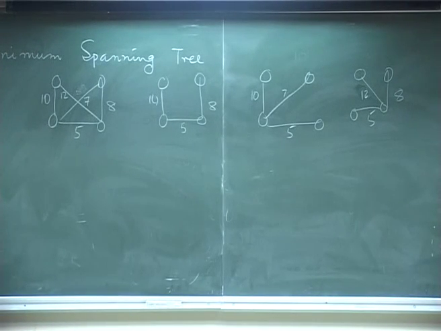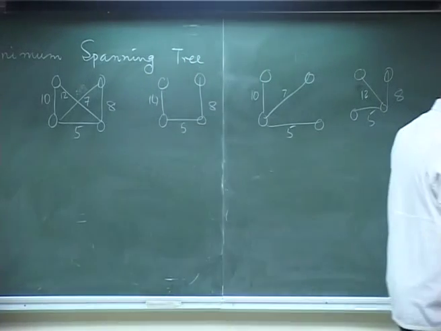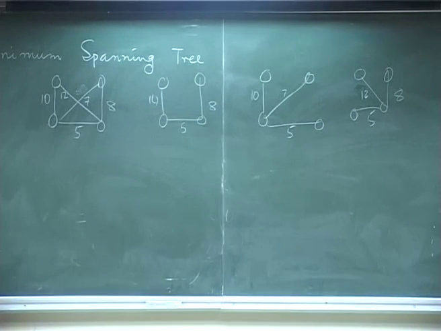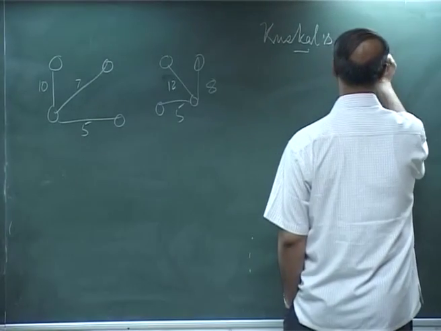Now, if you remember correctly, there are two well-known algorithms. One is Prim's algorithm, another one is Kruskal's algorithm. So let us discuss Kruskal's algorithm, and let me give you the graph.